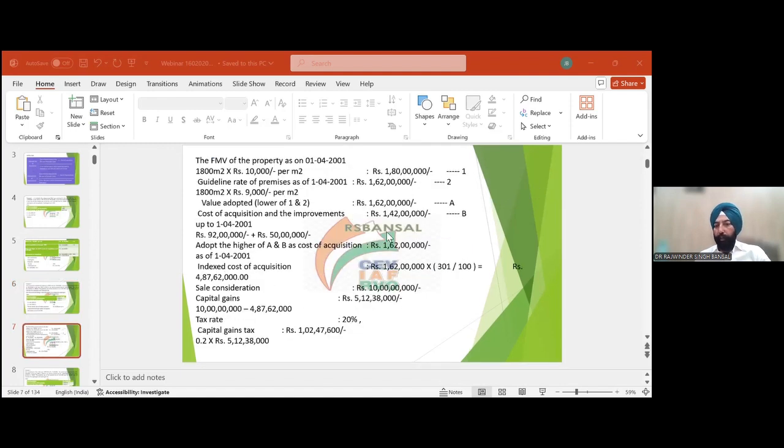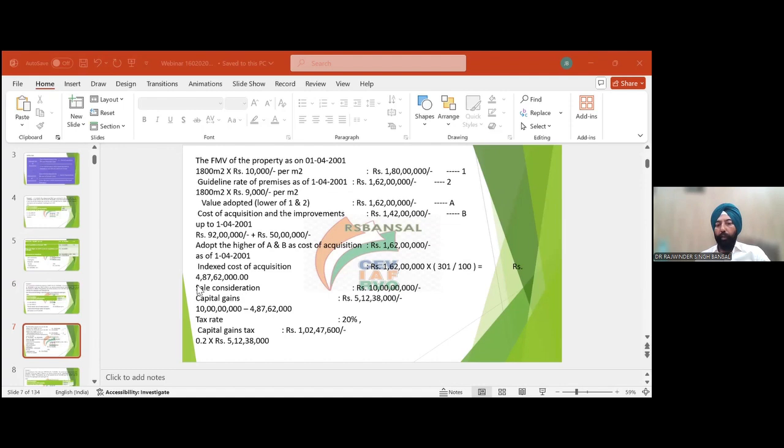Once it is clear that cost of acquisition is 1 crore 62 lakh, then you do the indexation. Here the cost inflation index is 301, divided by base year, which is 100, multiplied by cost of acquisition, which is 1 crore 62 lakh.